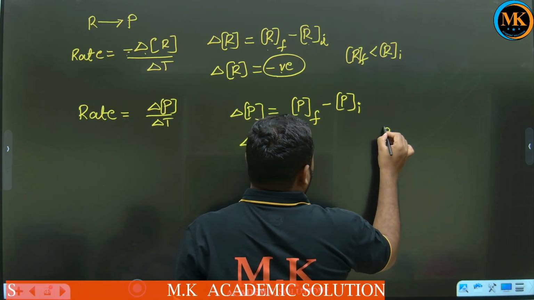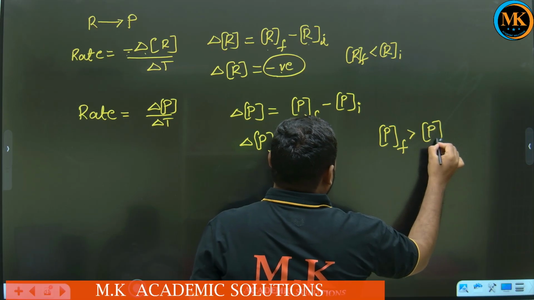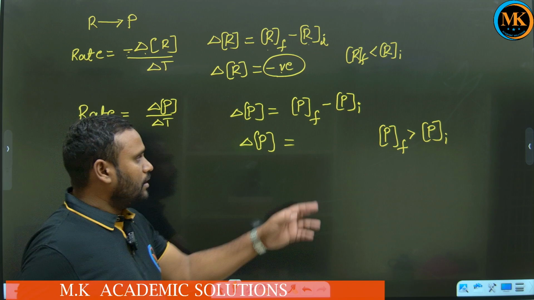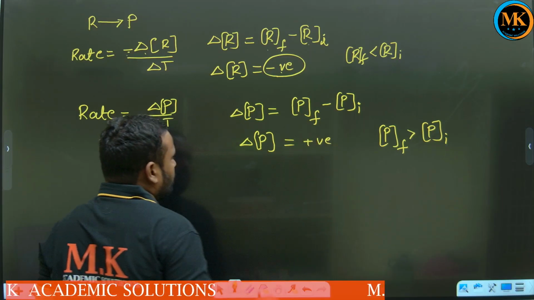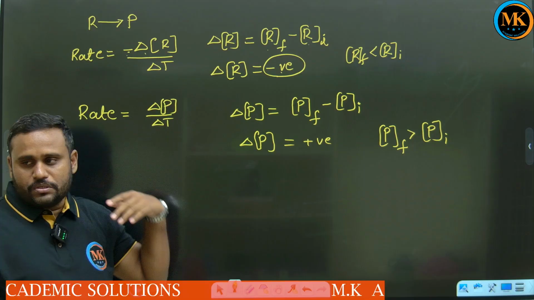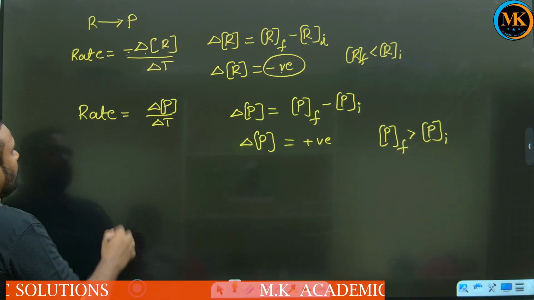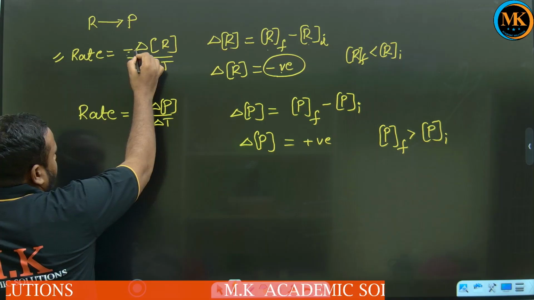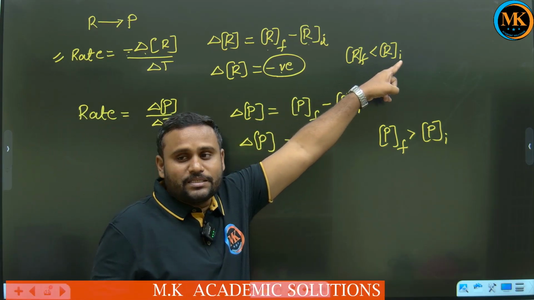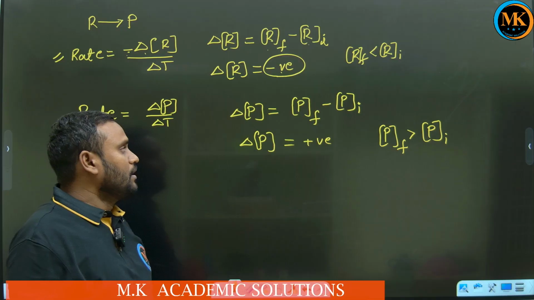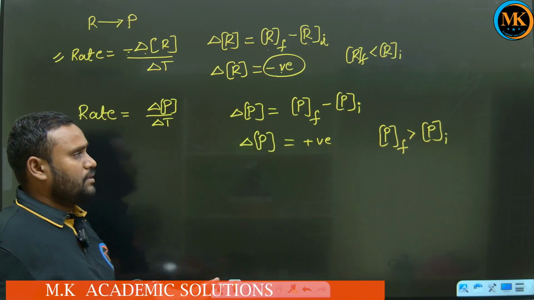In case of product, the final concentration is greater than the initial concentration, so more value minus less value gives a positive value. So rate will be positive only, and there is no need to multiply with the minus sign. Once again, for reactant we multiply with the minus sign because the final concentration of reactant is less than the initial concentration. In case of product, the final concentration is greater than the initial concentration. These are the reasons.